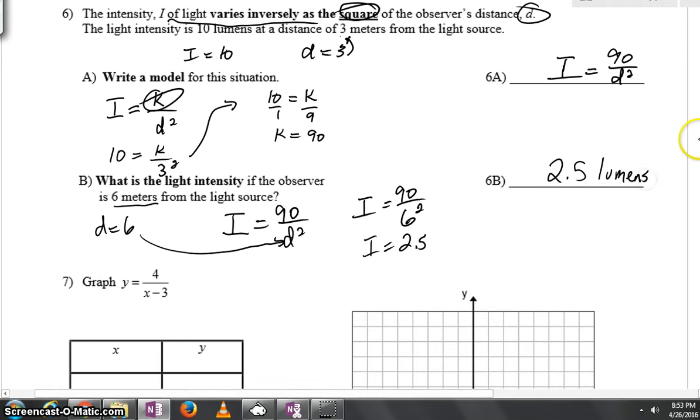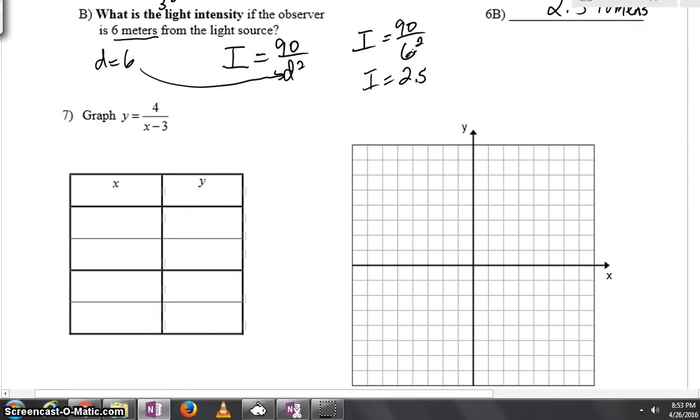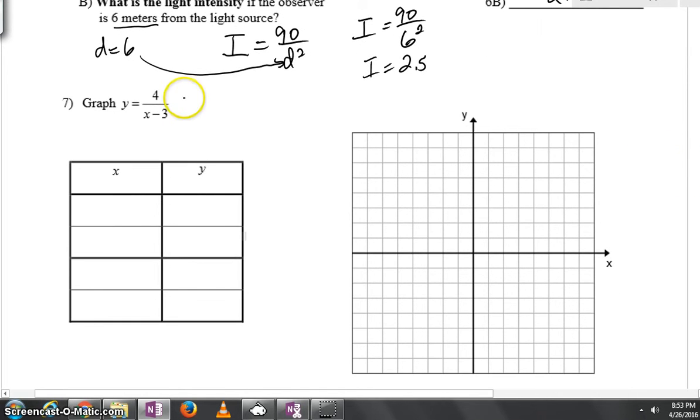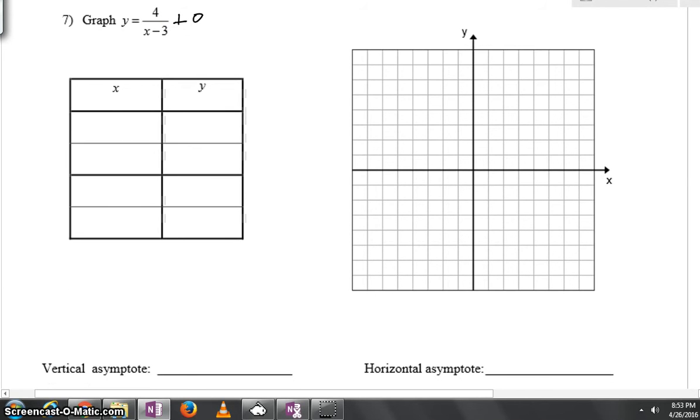Let's take a look at our second problem here on the page, the last problem on this page. Whenever we have a graph of a rational function, we have to be very much aware that there are two numbers that we need to be paying attention to. One is the number down below by the x.